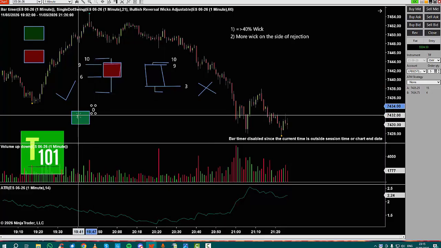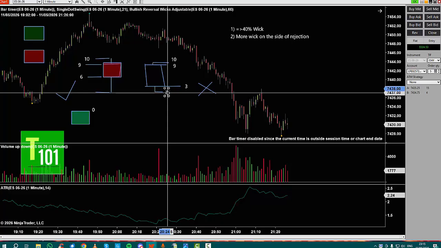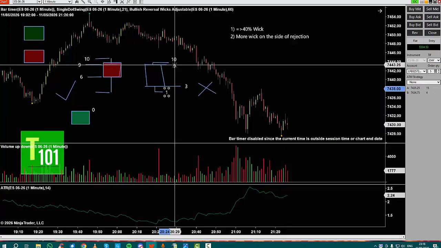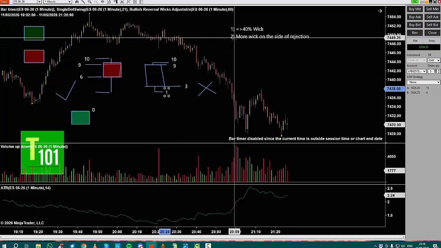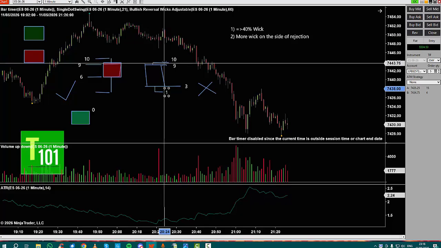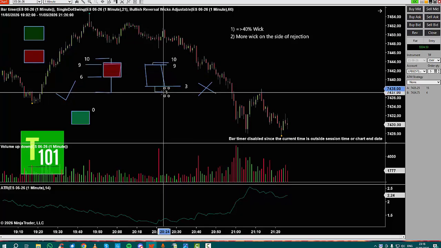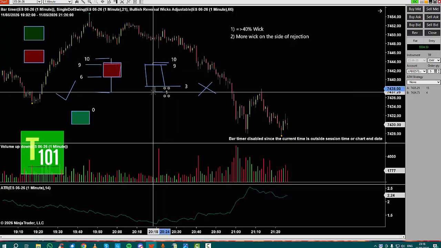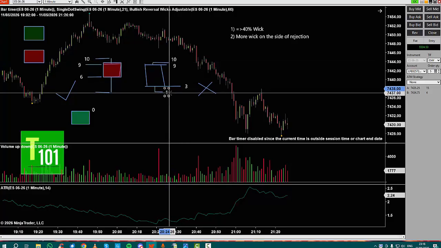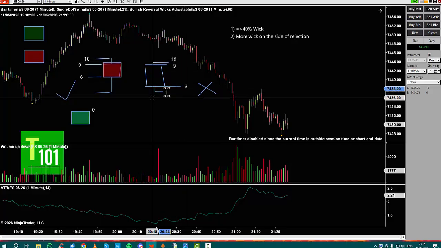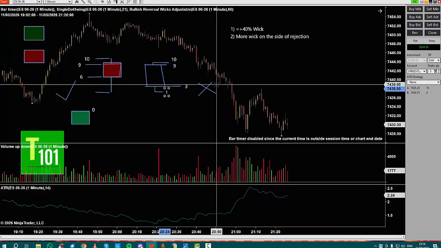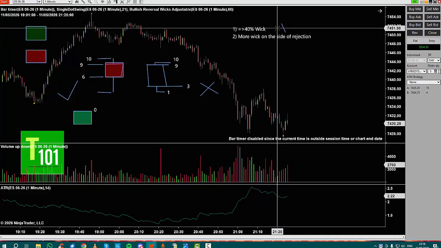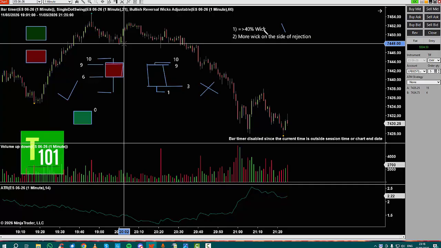That's why I had 1, because otherwise the numbers don't work. 2 ticks here from 1 to 3, 1 tick here from 9 to 10. So it does fit rule 2, but it doesn't fit rule 1, because 1 between 9 and 10 and 2 between 1 and 3 is 3. The distance from the low to the high is 9, 1 to 10. 3 out of 9 is 33%, so that's not equal to or greater than 40%. And hence, that's the reason why that wouldn't highlight with my indicator.